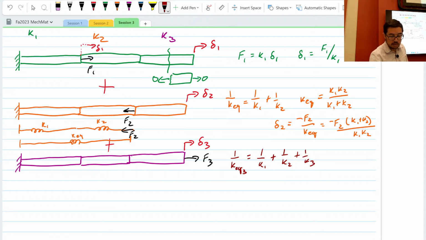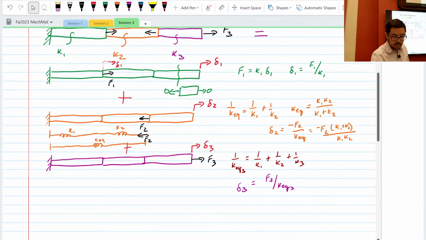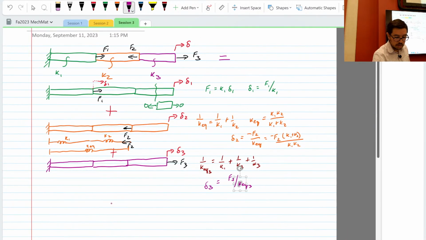And delta 3 is going to be equal to F3 over K equivalent 3. All right, and if I take the holistic picture, delta is equal to delta 1 plus delta 2 plus delta 3.